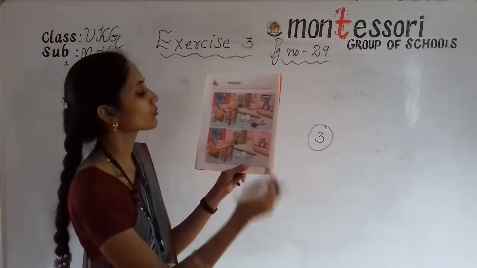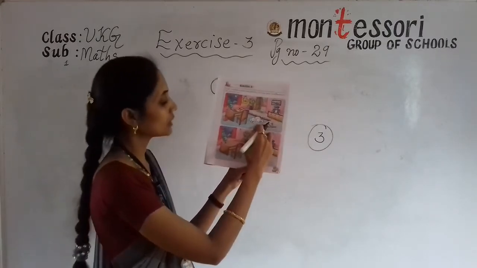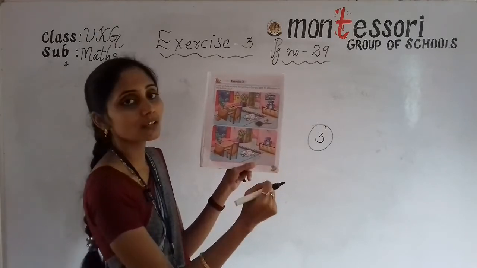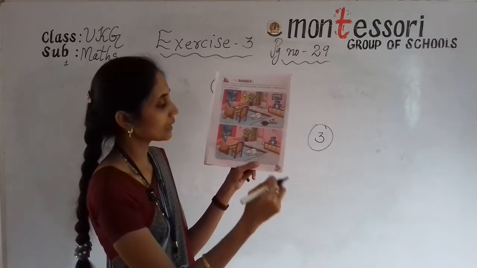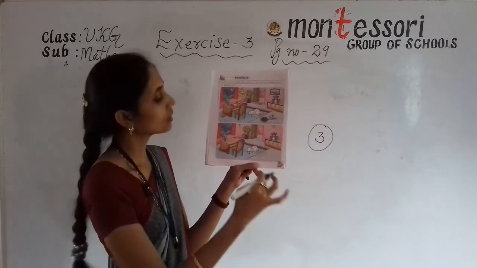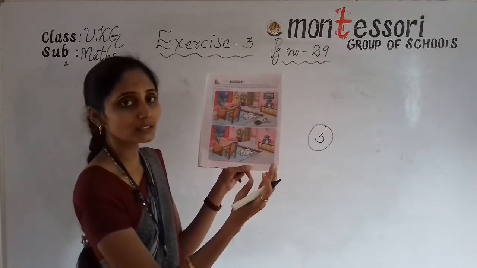Next, coming to the floor, near the dog, what can you see there? Cock and shuttle. It is visible in the first picture, but in the second picture, can you see the two things?